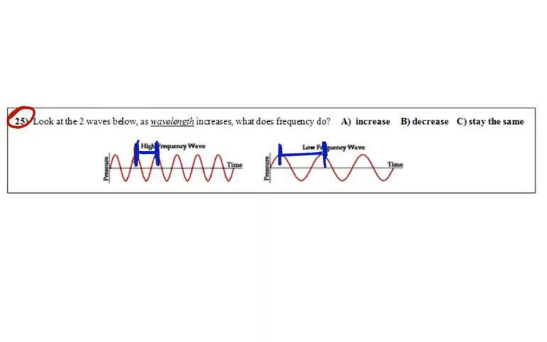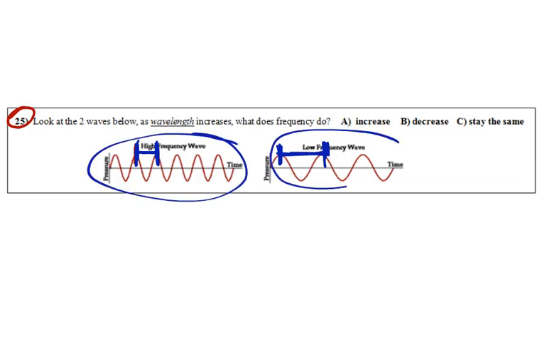So as wavelength gets longer, what happens to frequency? Well, this is a high frequency wave, this is a low frequency wave. So as wavelength increases, goes from short to long, then frequency decreases.